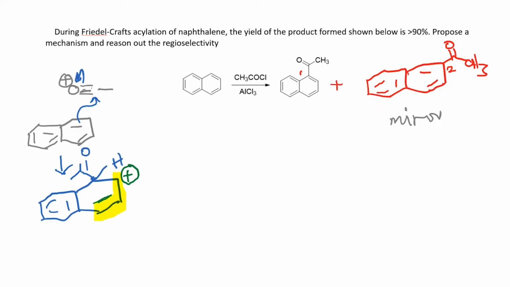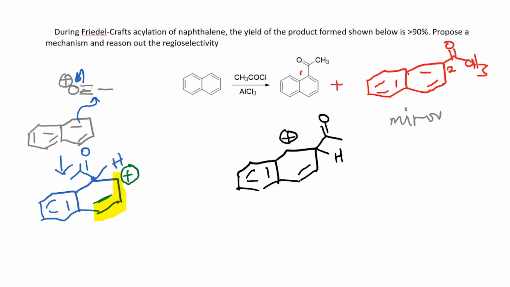Okay, now if I were to do the same reaction on the other position, I'm just going to draw out the structure over here, and you will understand the difference in stability. Okay, so here is the second structure as shown here, and there's a carbocation over here, and then there is the olefin over here. Okay, so as you can see here, there is little or no possibility of delocalization with this double bond.